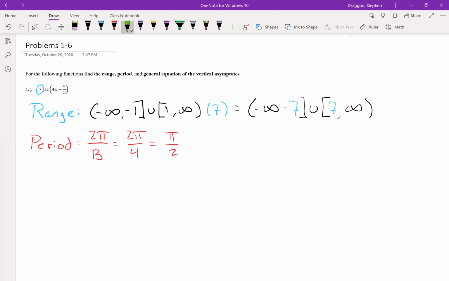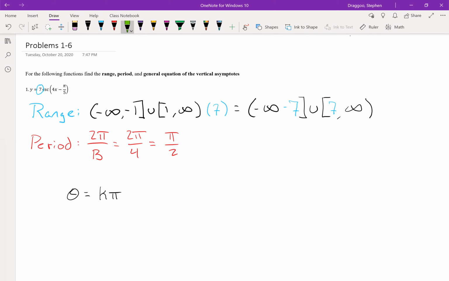In this case, we're looking at a cosecant function, which means that I'm going to have an asymptote whenever sine would be 0, which has the base equation of theta equals k pi, where k is any integer. Because if we look at the unit circle, sine is 0 at all of the horizontal axes. So 0, pi, and 2 pi, 3 pi, etc.